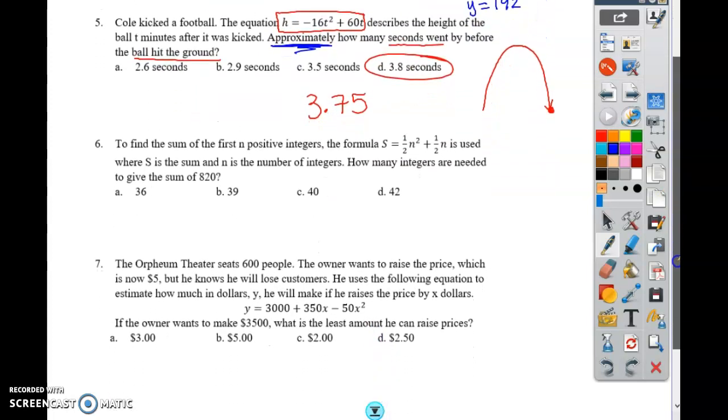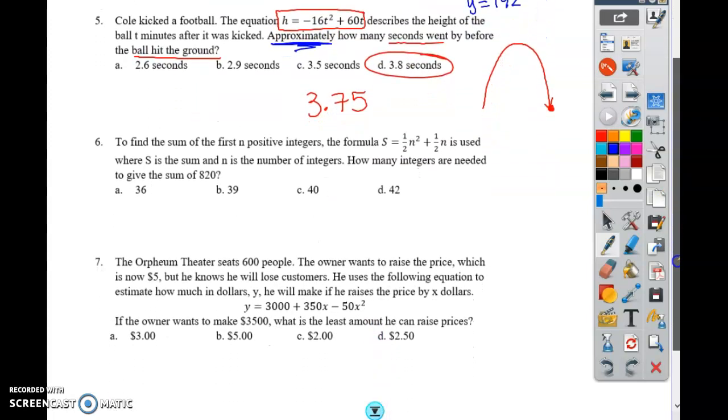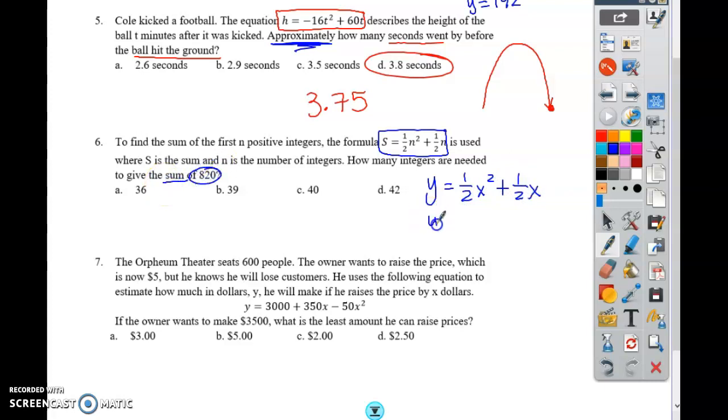All right, 2 more really quickly before the video ends. This one, you're going to type it in Desmos. It's going to be y equals 1/2 x squared plus 1/2 x. And we're looking for a sum of 820, so we could do y equals 820. Okay, type both of those in Desmos and find the answer.